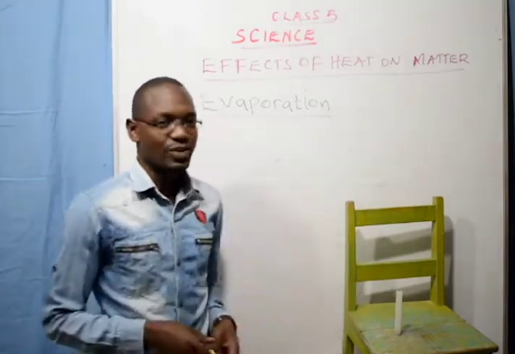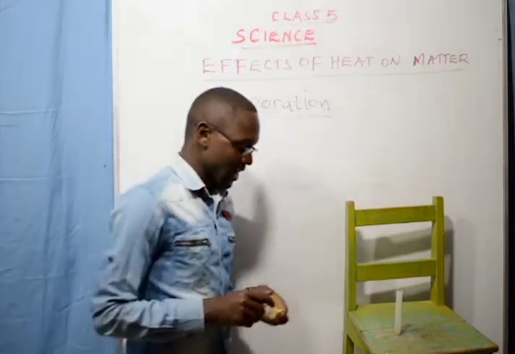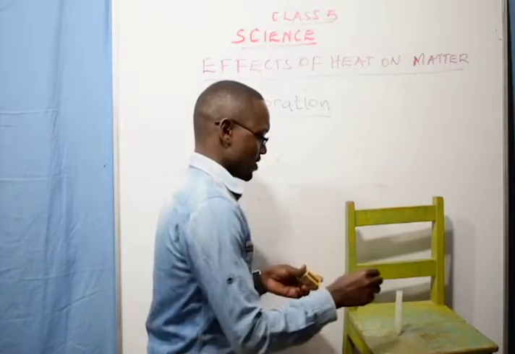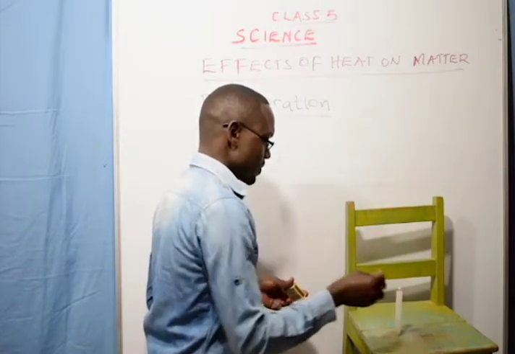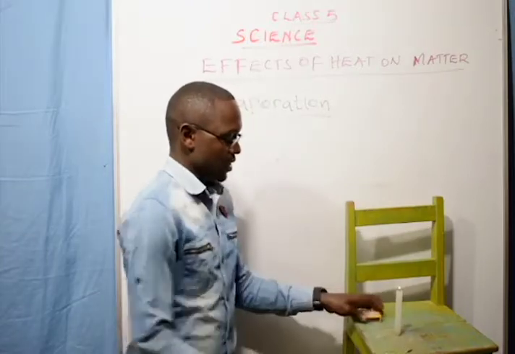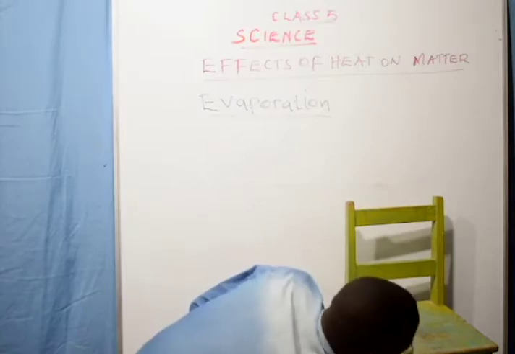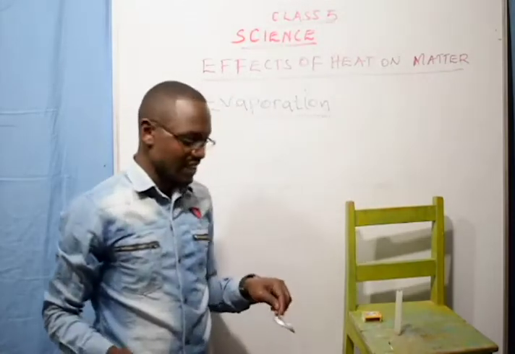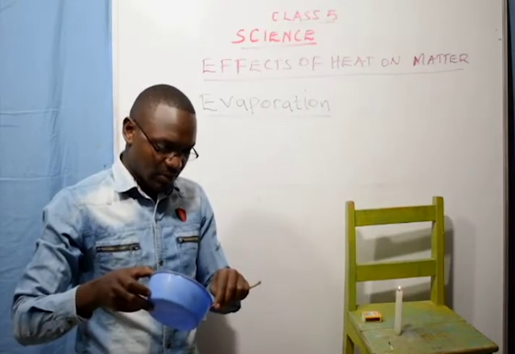So just like we did in the other experiment, we have our candle. So we burn our candle. Then we want to warm or heat some water. So in this bowl, I just pour some water.